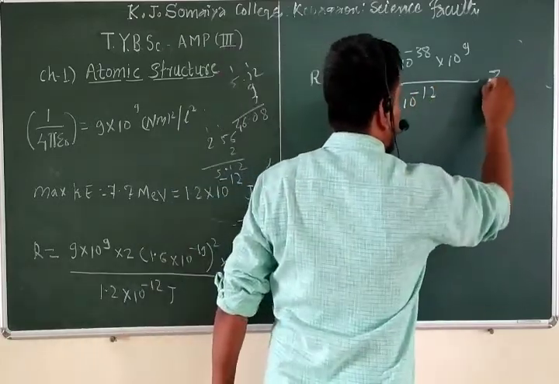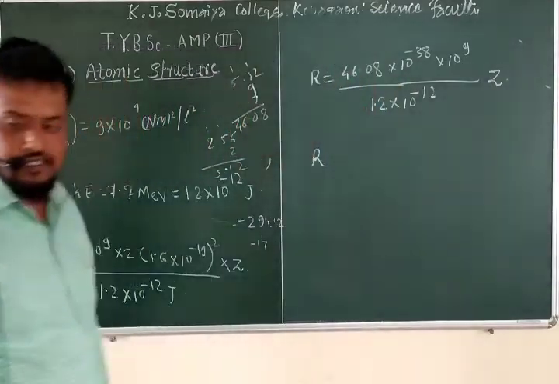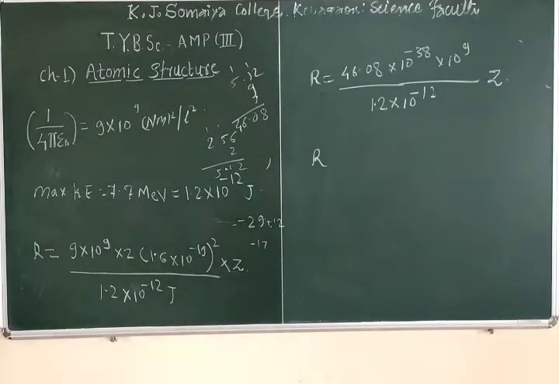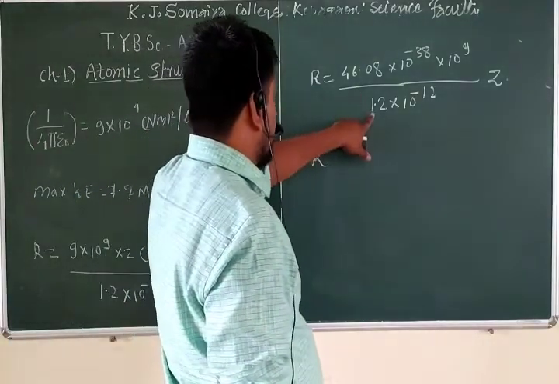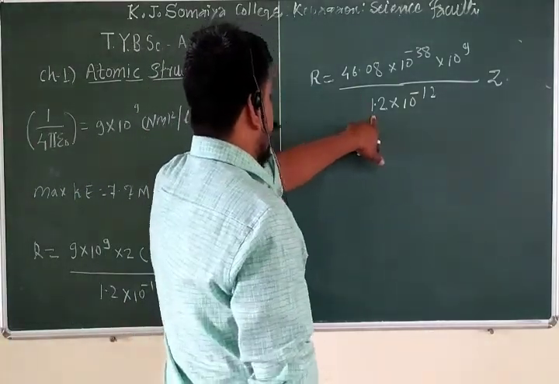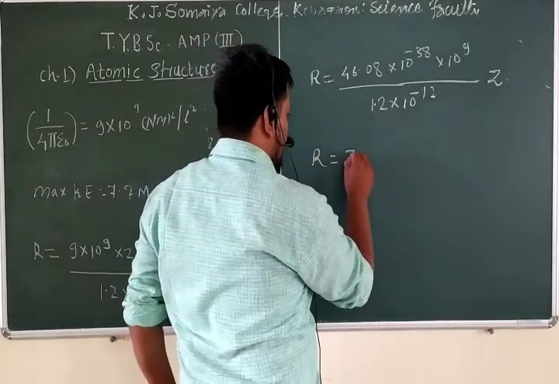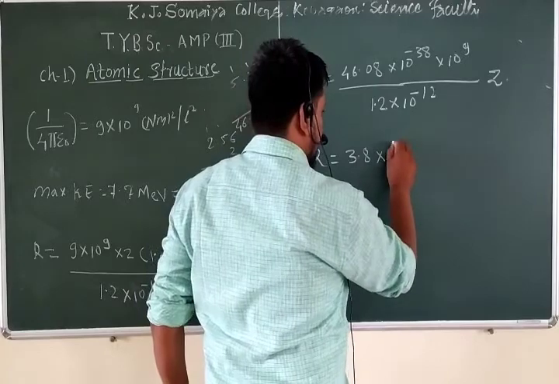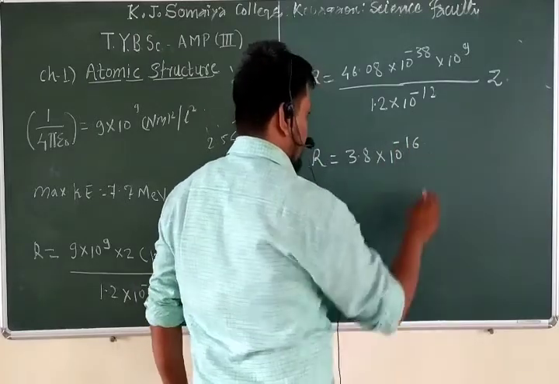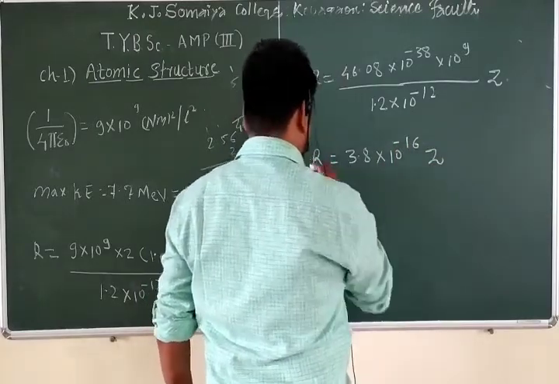In terms of Z, which remains, the value is calculated: 14.6 divided by 1.2, so roughly 3.8 × 10^-16 times Z.